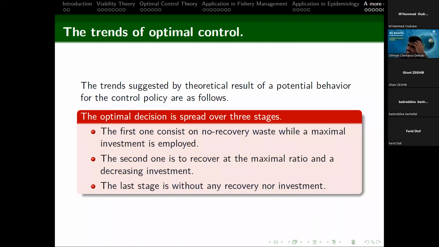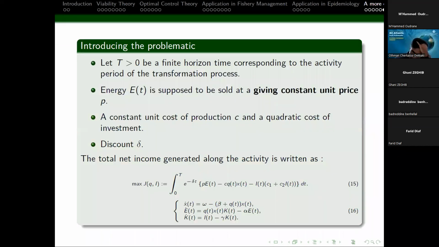And how did we get this result? First of all, we wrote the Hamiltonian function. The Hamiltonian function is the scalar product of the co-state values, which we call P, with our system, which is the 16th equations, and we add to that the objective function, meaning the profit function.